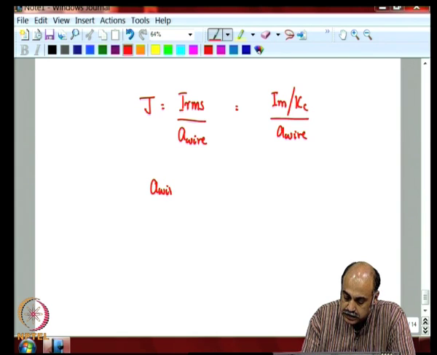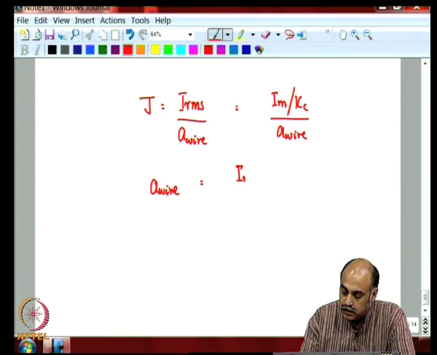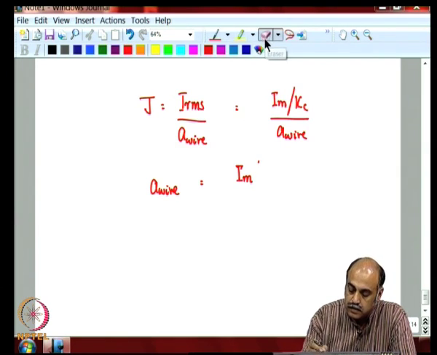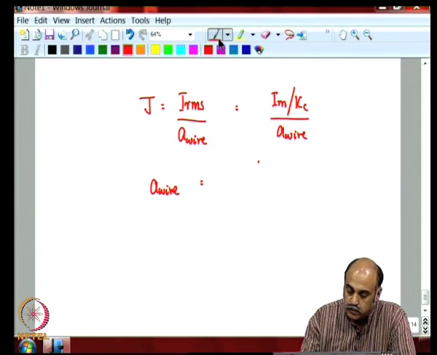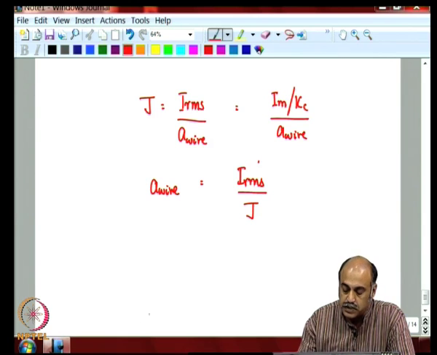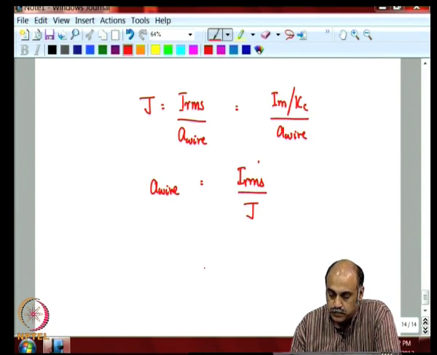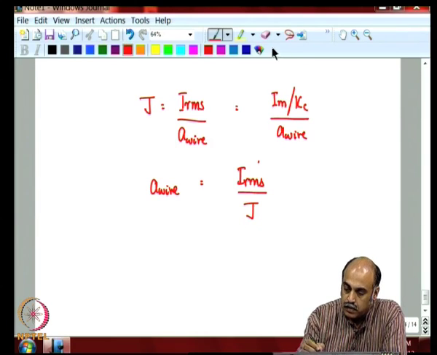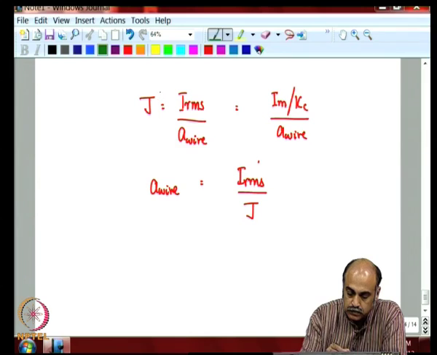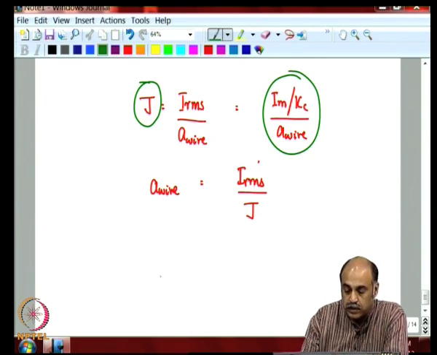The wire cross section area can be calculated using this above equation, I RMS by J. Okay, now coming back to this issue of J, let us put it in this fashion.